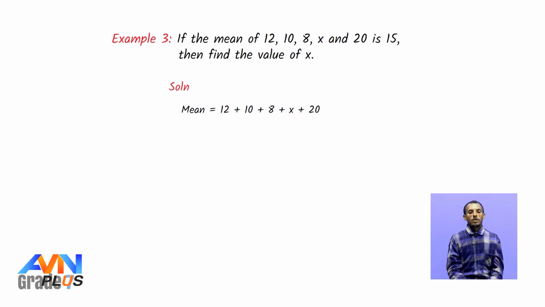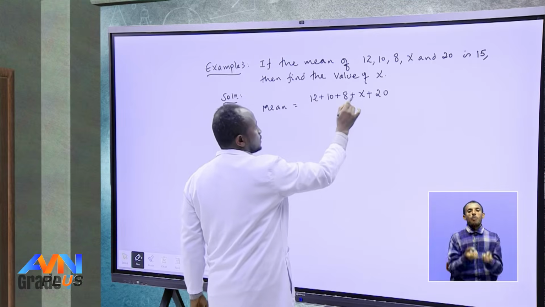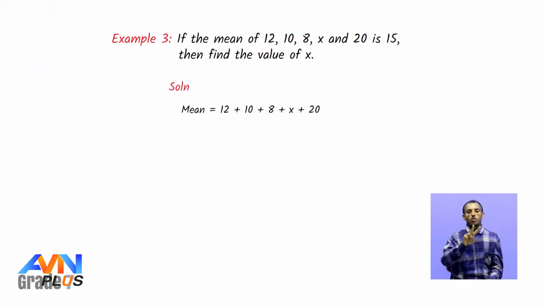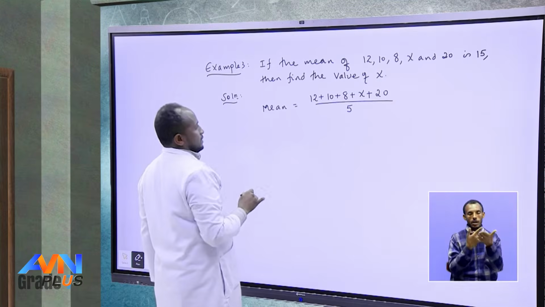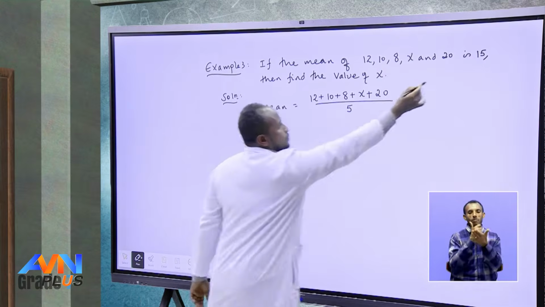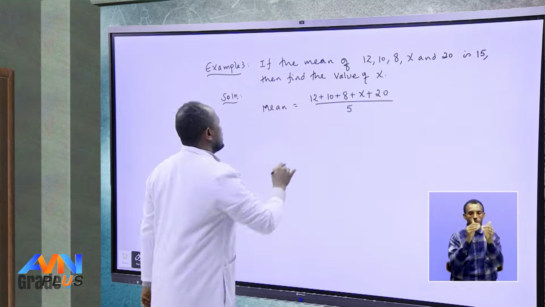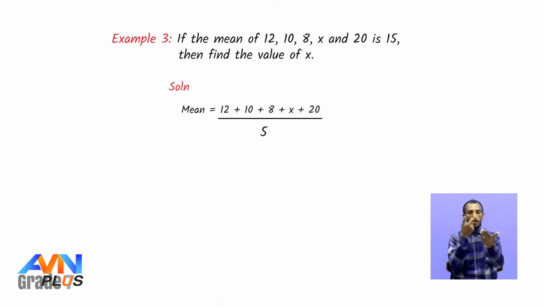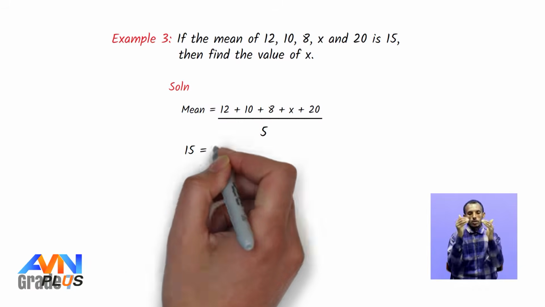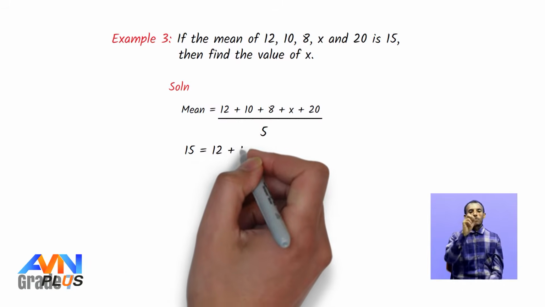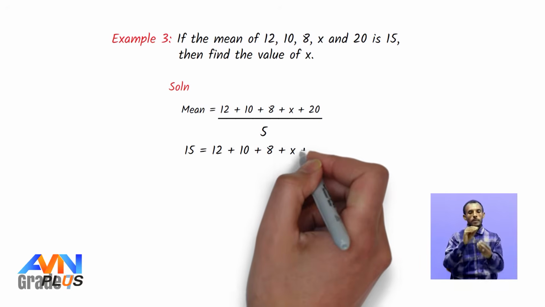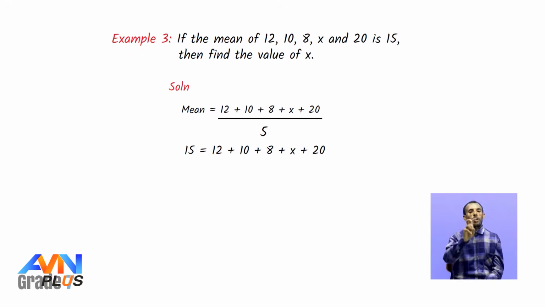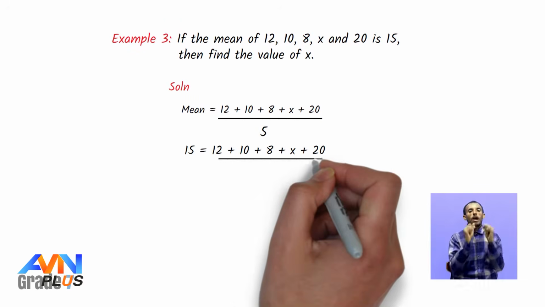How many data do we have here? 1, 2, 3, 4, 5. So you divide this by 5. But here the mean is given to be 15. Therefore, 15 is equal to 12 plus 10 plus 8 plus x plus 20 divided by 5.